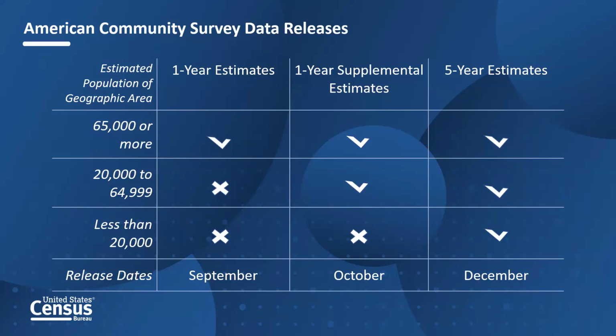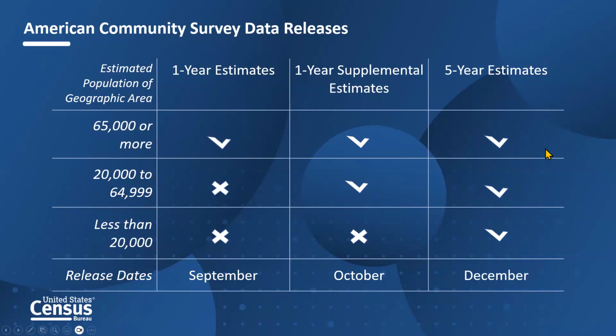The 1-year estimates also provide you with data for populations of 65,000 or more. That's important. With the 1-year supplemental estimates, including areas of populations of 20,000 or more, while the 5-year estimates provide you data for areas with less than 20,000.